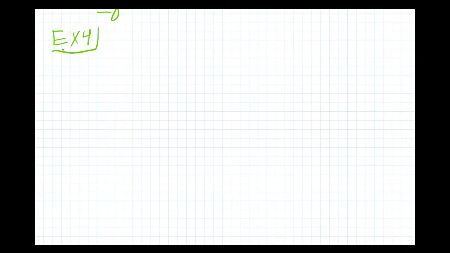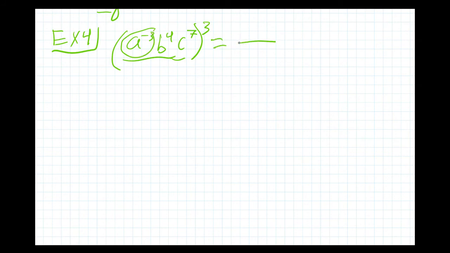So, example 4. Well, let's say we were to have a to the negative third times b to the fourth, c to the seventh, all to the third power. The first thing you can do here is simplify everything inside our parentheses. So that a to the negative third is getting brought down underneath our fraction because it is a negative exponent.